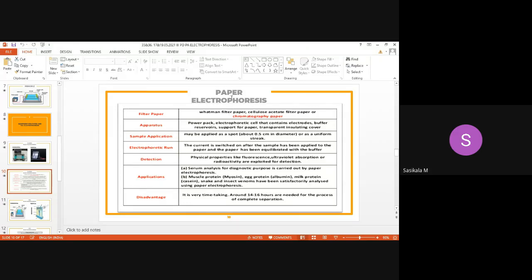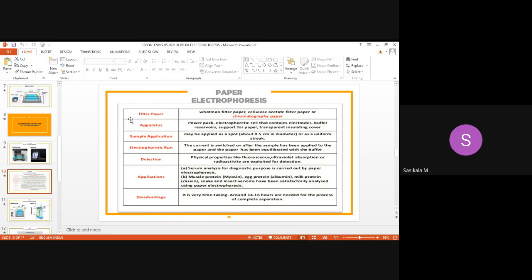Whatman is what you used for ascending and circular paper chromatography. In normal paper chromatography we did not apply any electrical current for separation, but in electrochromatography we apply electrical current.